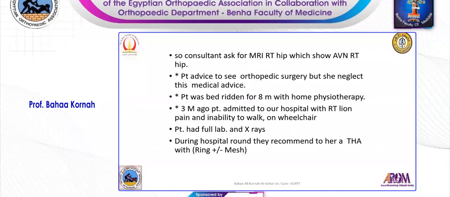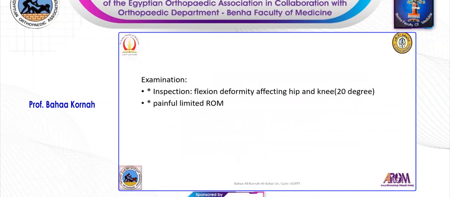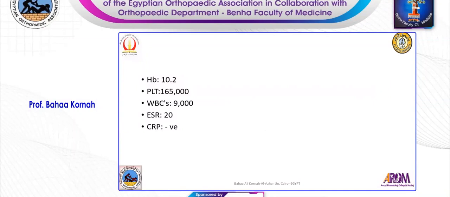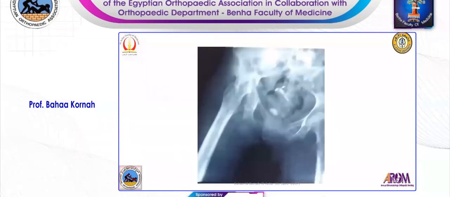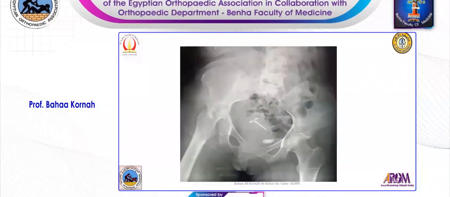3 months ago, the patient was admitted to our hospital with right loin pain. During the hospital stay she was fully prepared. On inspection, there is a fixed flexion deformity affecting the hip and the knee, with a 20 degrees range of motion, painful limitation of range of motion. This is her lab, and this is her X-ray. There is a complete fusion of the hip with subluxation and dislocation.